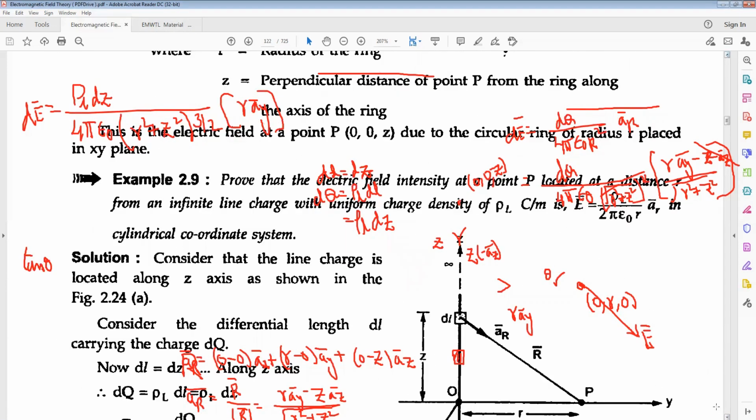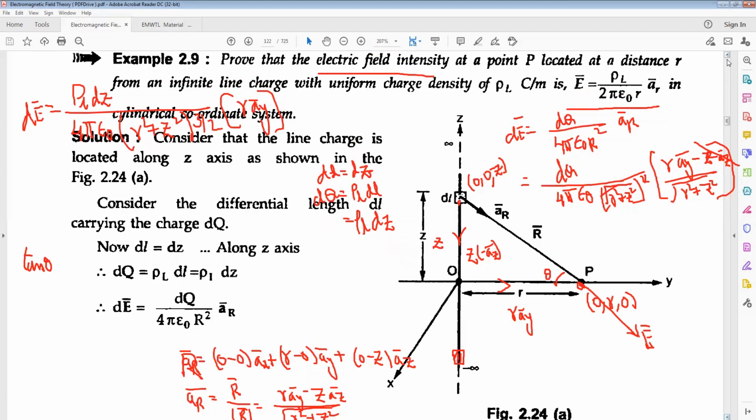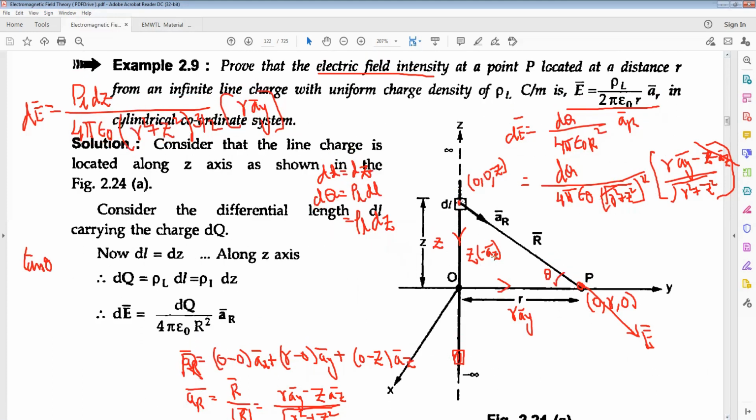Whatever I assume, the opposite side is z and the adjacent side is r. So z is equal to r tan theta, and dz is equal to r secant square theta d theta.